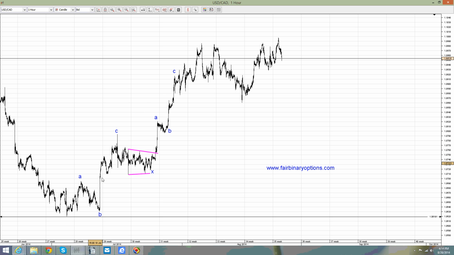Now, A, B, C, flat, intervening X wave as a contracting triangle. A, B, C, this is a zigzag. And then we have the second X wave that goes in the form of a contracting triangle here, like this. This is the second X wave. It goes within the following A and C and B and D trend lines, of course.